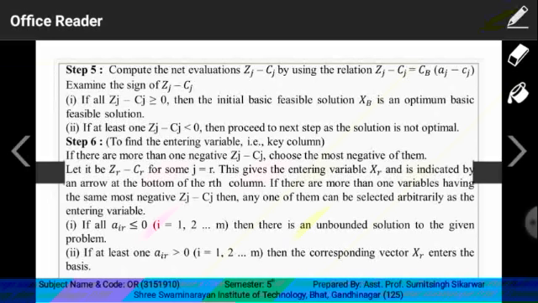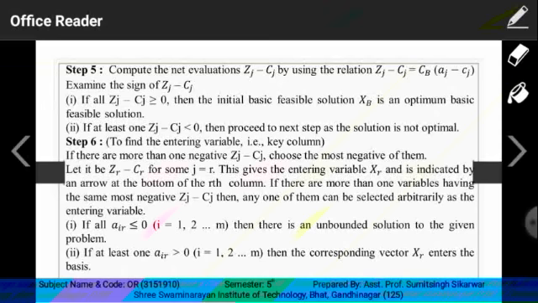Now this gives us the entering variable Xr, which is indicated by an arrow at the bottom of the rth column. If there is more than one variable having the same most negative Zj minus Cj, then any one of them can be selected as the entering variable.